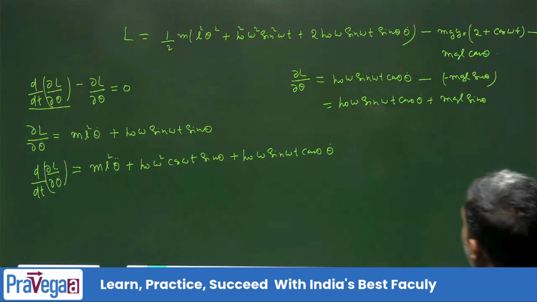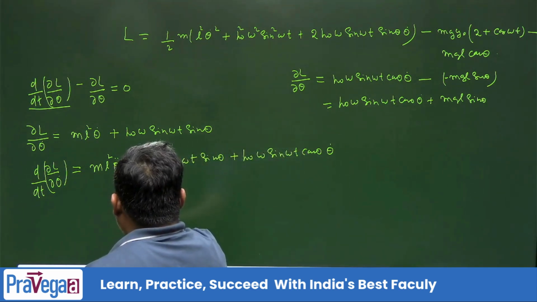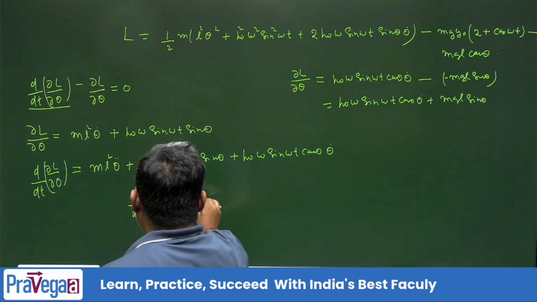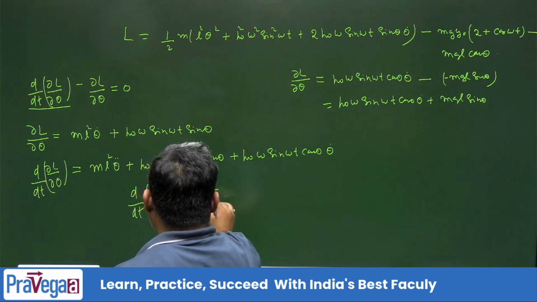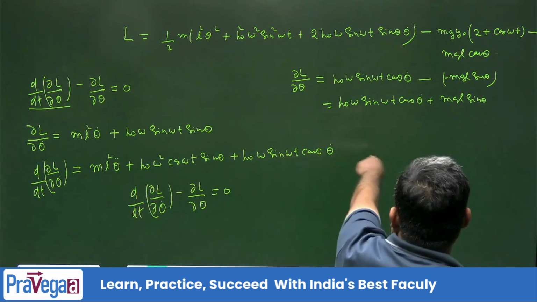So, now what we have to do is write d/dt of ∂L/∂θ̇ minus ∂L/∂θ must be 0. This term we have taken, so we have to take the minus term here.